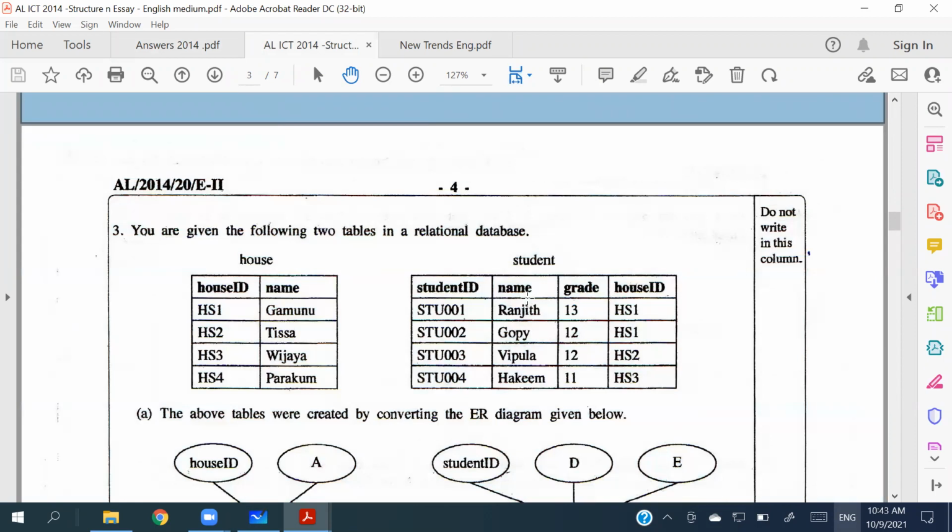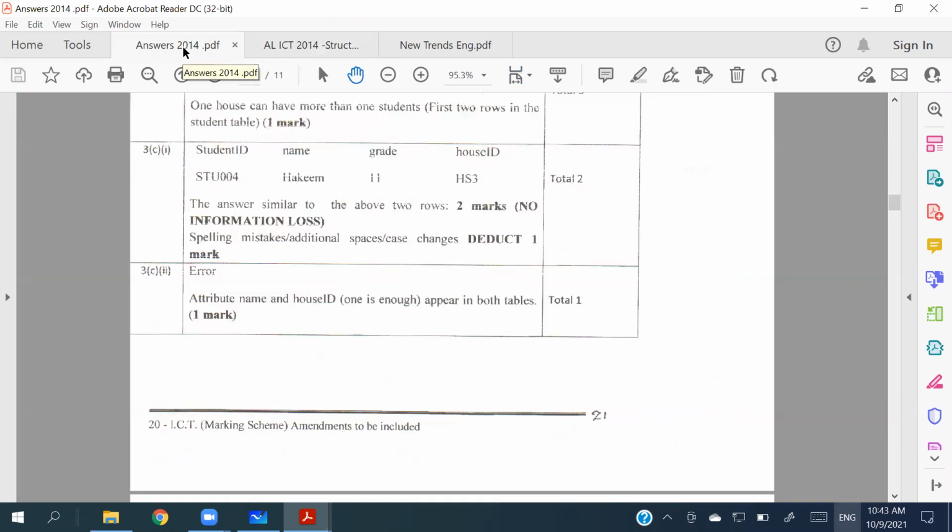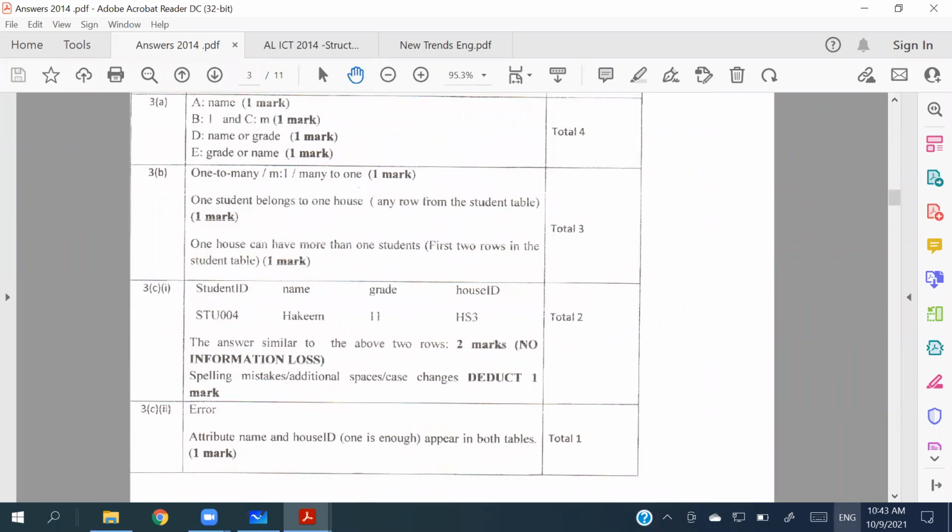Any one of those or both gives you the marks. If you say attribute name appears in both tables, still you get marks. Or attribute house ID appears in both tables, still you get marks. And if you give the same expression in a different manner, still you can have the marks. Right, so mark it correctly, people.